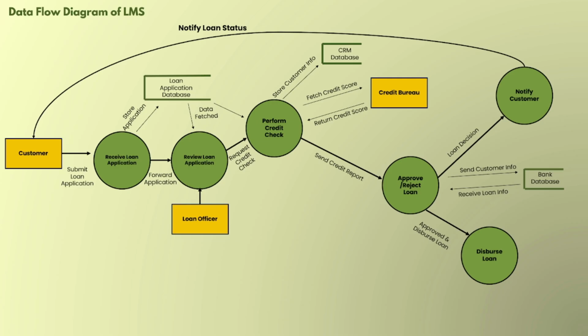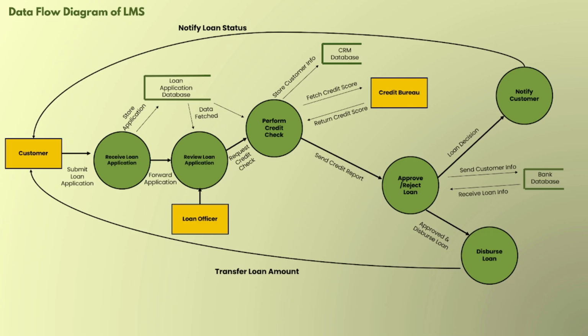So another process is here, that once the data is received from the bank database and the approval is finalized, then approve and disburse loan is going to happen. So this is another process. And in this process, the amount of money gets deposited into the customer's bank account. See, the transfer of the loan amount has happened.